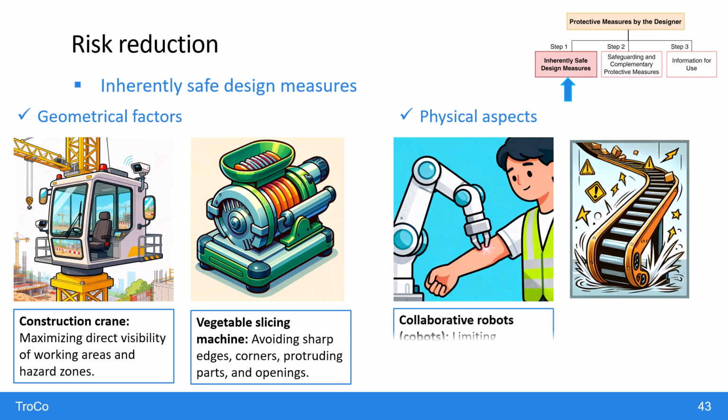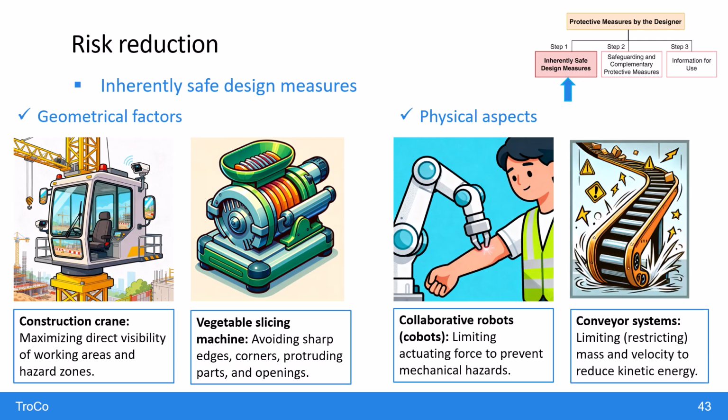First example, limiting actuating force. Collaborative robots, or cobots, are designed so that if they hit or squeeze a person, the limited force prevents harm. Second example, reducing kinetic energy. Conveyor systems can be designed with restricted mass and velocity to reduce kinetic energy and improve safety. Next, we'll review further factors related to inherently safe design measures.